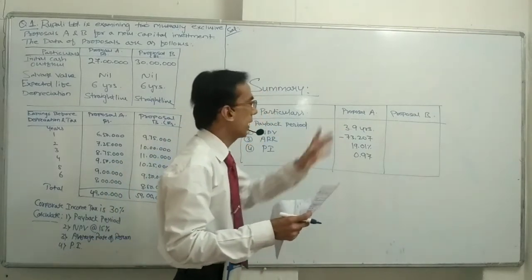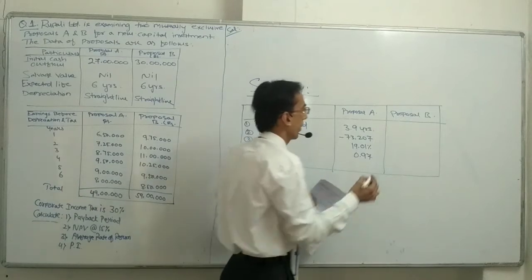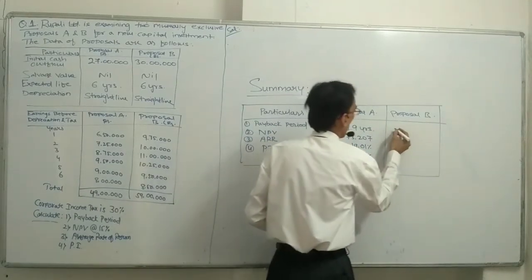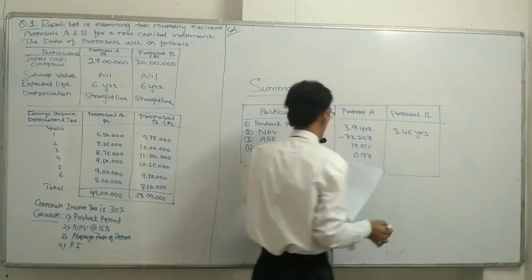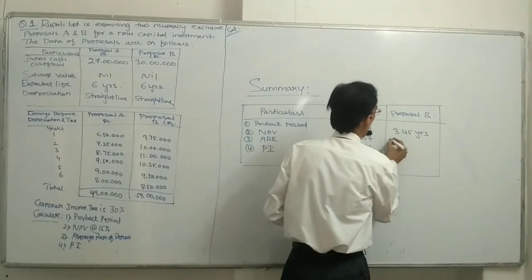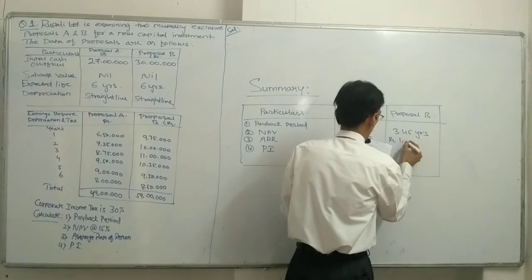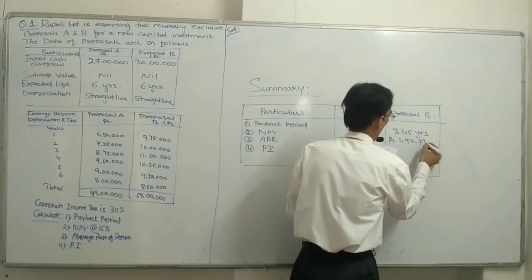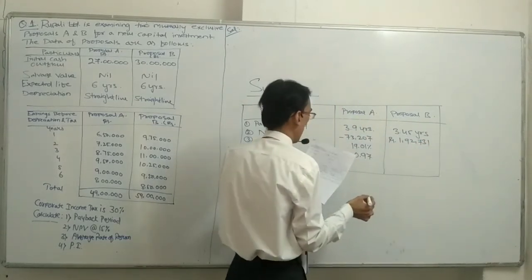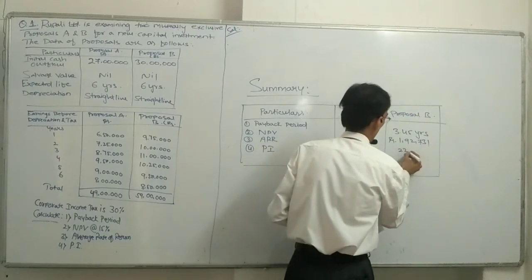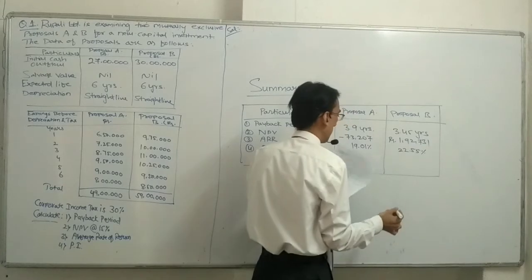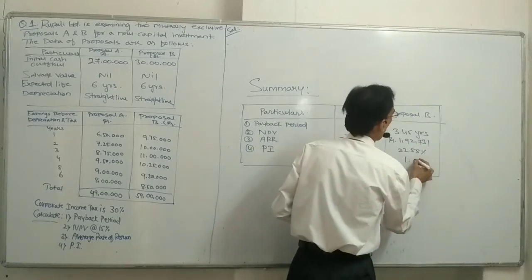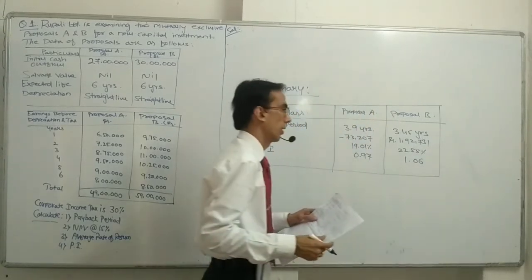But I am writing the answers of proposal B over here. For payback period it comes to 3.45 years. NPV is positive rupees 1,92,731. ARR, average rate of return is 22.55% and profitability index is 1.06.